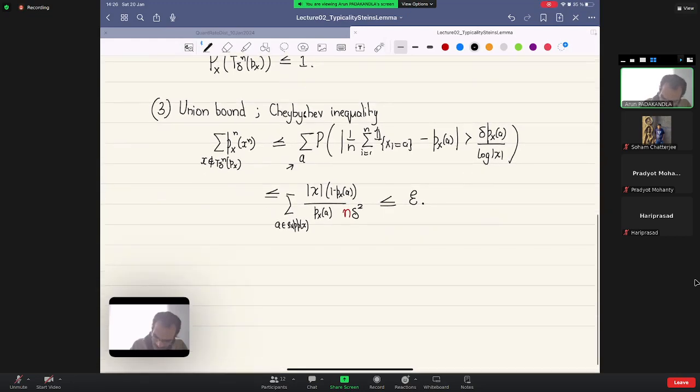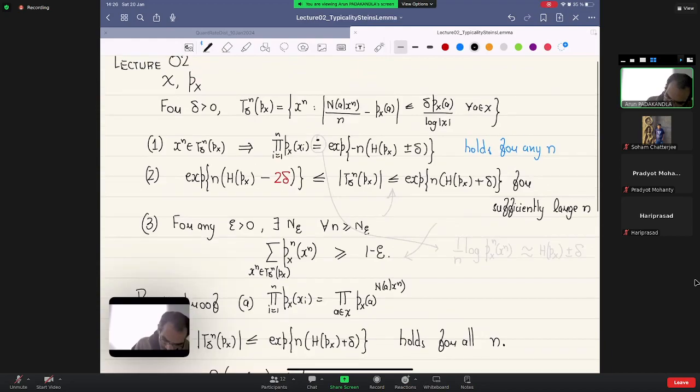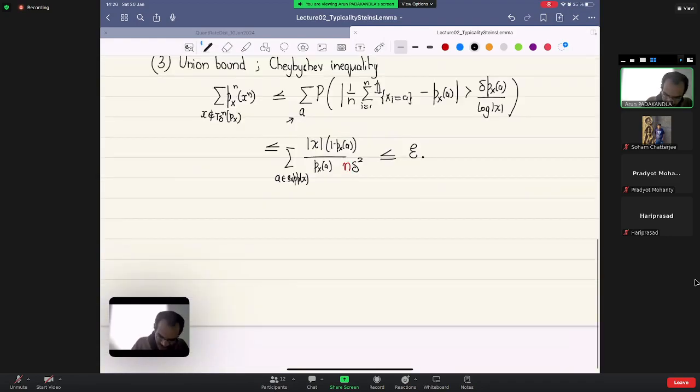Okay, so then how do we get the lower bound? How do we get this bound? We will use the argument which I think I did not complete last time, which I will complete now.